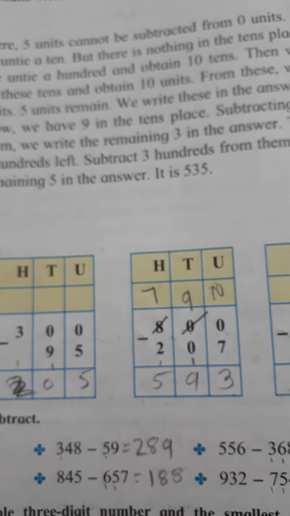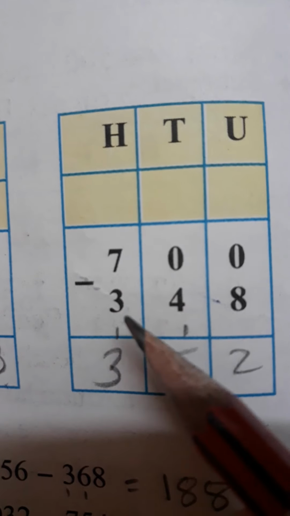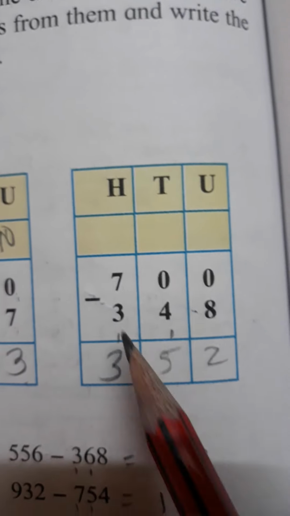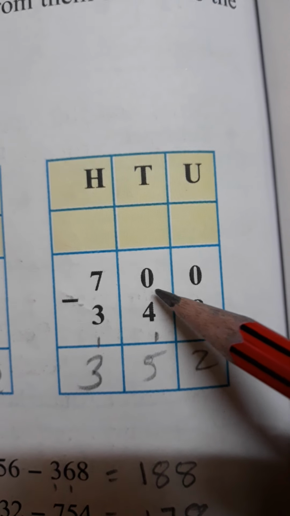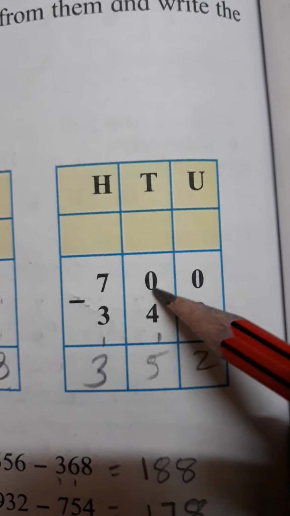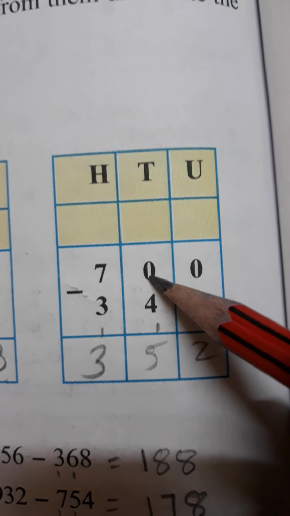Understanding, students? Look, one more. 700 minus 348. So again here 700. Now at the unit place, 0 is less than 8, we have to subtract. But at the tens place there is also 0. So here there is nothing to untie, right? So what will we do?